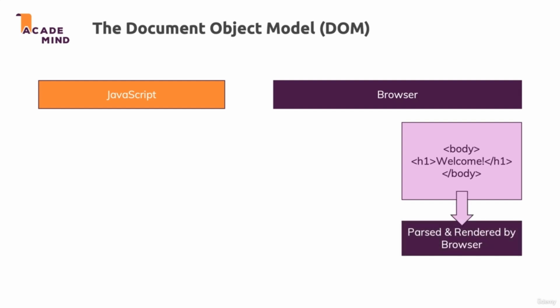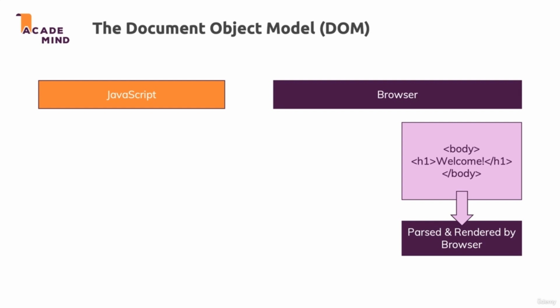And I showed you this earlier in the course already when I showed you the different ways of loading JavaScript files and how that affects the parsing of the HTML code. Because the browser simply reads that HTML file from top to bottom, and when it encounters a script, it executes it. When it encounters other HTML elements, it simply parses and renders those. And in the end, it then renders the pixels on the screen, which you need to see a button, to see a title, and so on. So that's what's happening here.